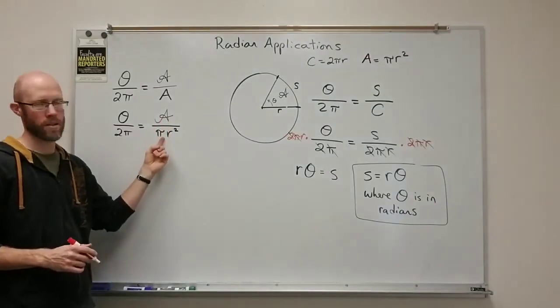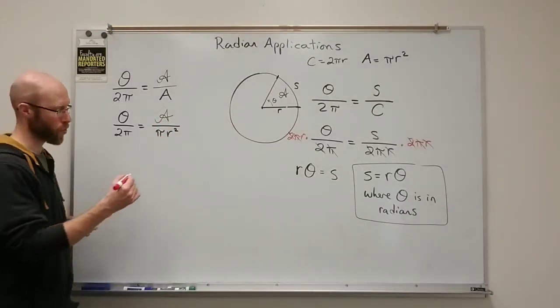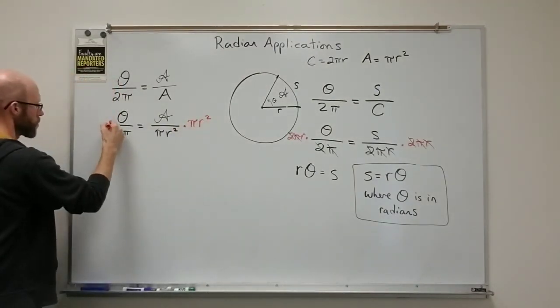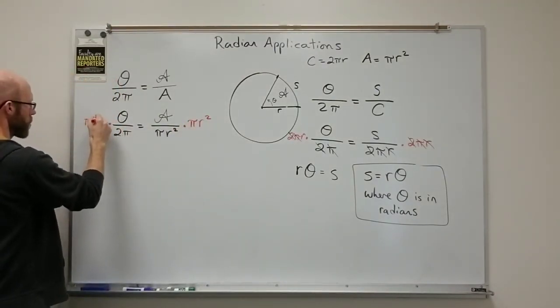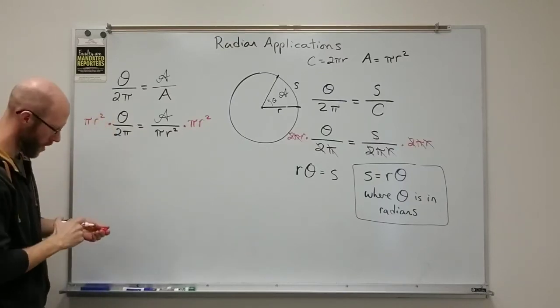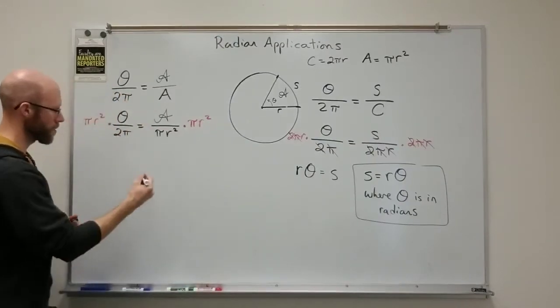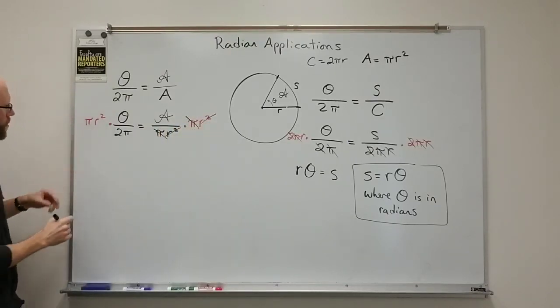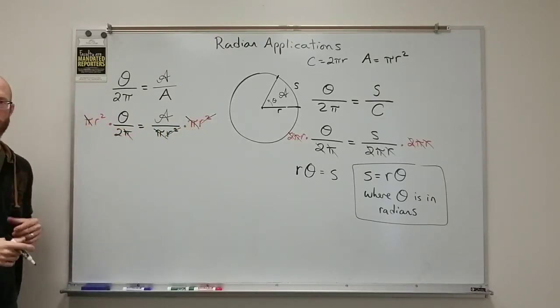Solving for A, I have to multiply both sides by pi r squared. So I'll do that. Multiply here by pi r squared. And the denominator completely cancels on the right. And on the left, the pi cancels, and that's it.